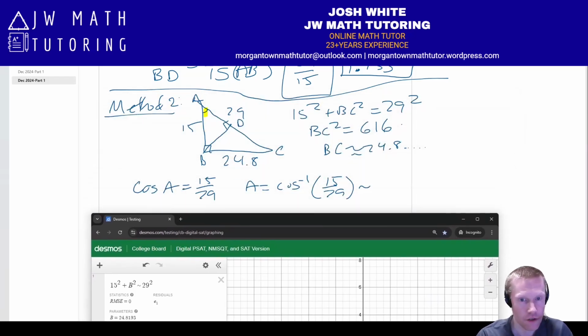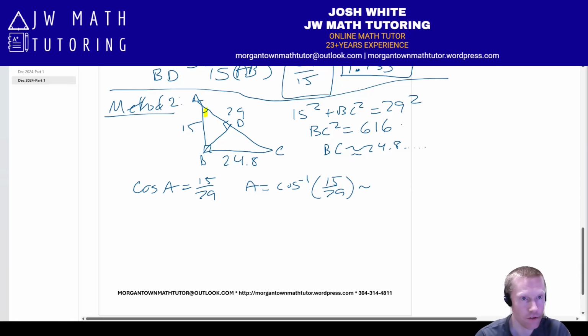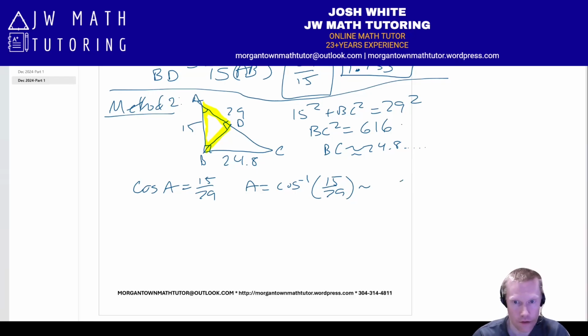So next, what I'm going to do is notice, if I look at the small triangle here, we can just orient it like this. Here's D, here's B, here's A. Okay, we know this side is 15, it's the hypotenuse, and we know that angle A up here is 58 point, whatever.